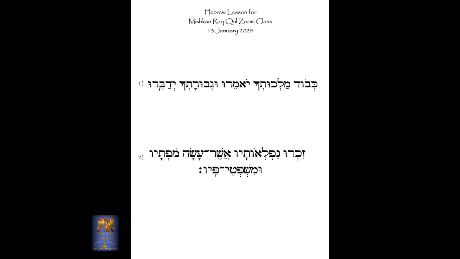And then we have chaf sofit pointed kamatz. So we're going to pronounce this as cha. So the word here is mal chu te cha. All right. Malchutecha. Malchutecha. All right. Malchutecha.